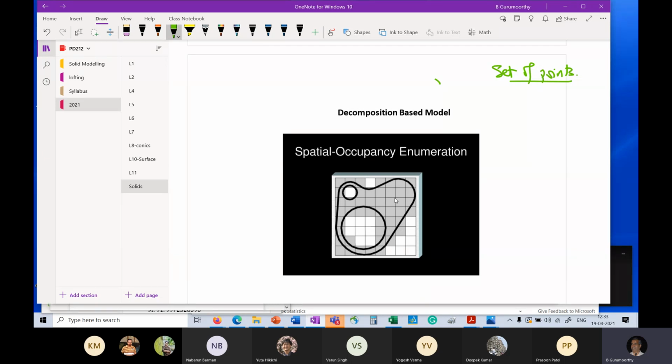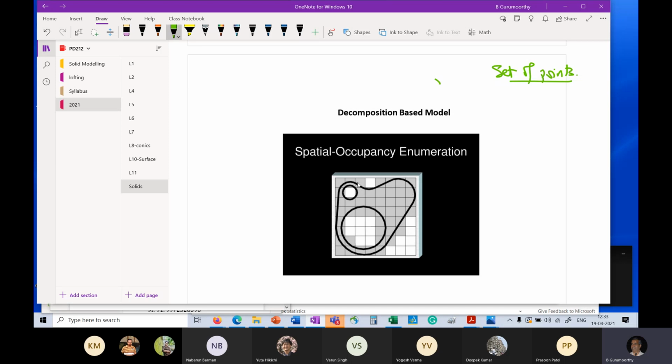So in some sense, we are enumerating all the points, but not representing all the points. We are only representing the cells which contain some of the points belonging to the object. Every other cell contains no point in the object, so we don't worry about it. We only worry about the cells that are shaded gray here.